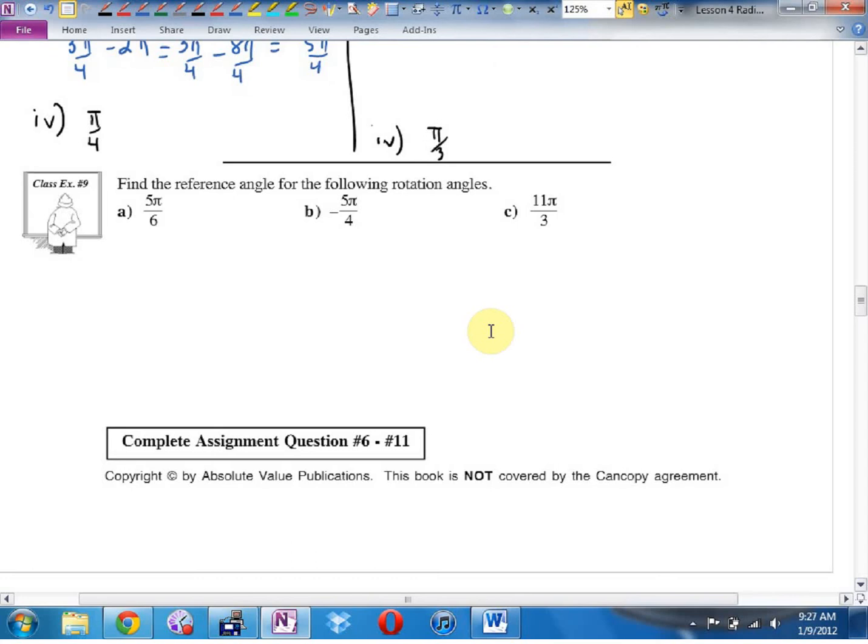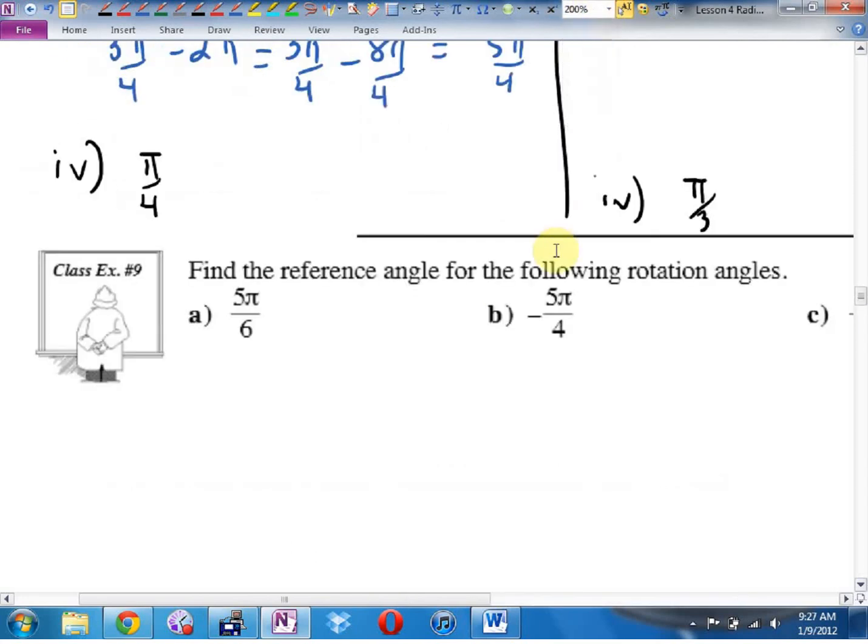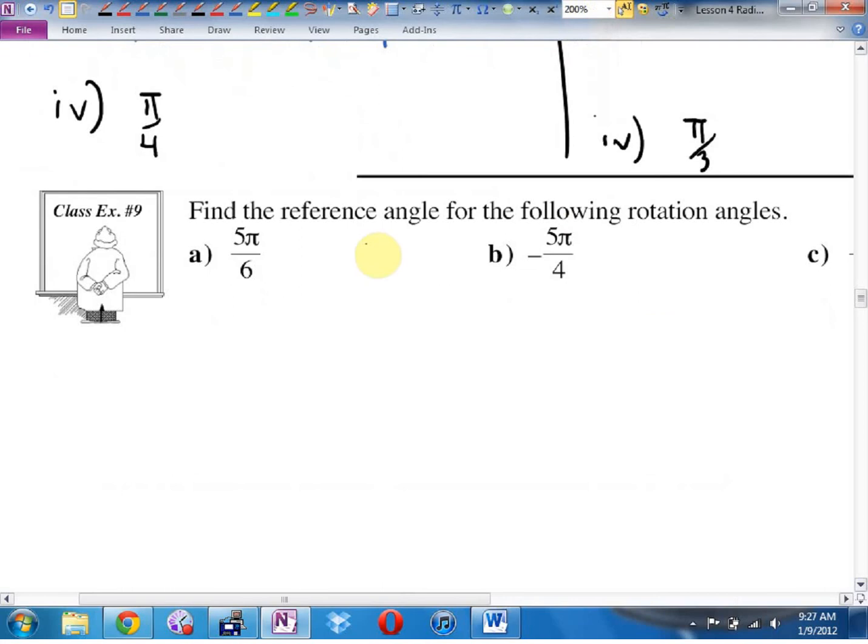That's 2 pi. What's the denominator that they gave me here, Isabel? I'm going to call this 6 pi by 6s because that's still 1 pi. What am I going to call 2 pi? 12 pi by 6s.